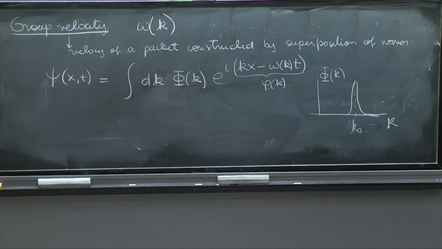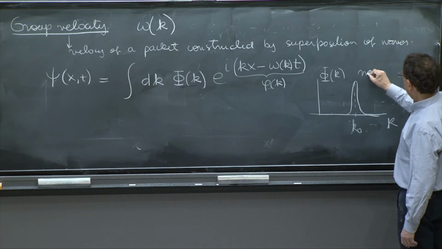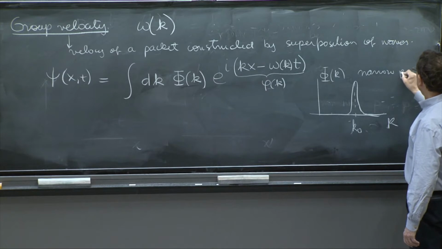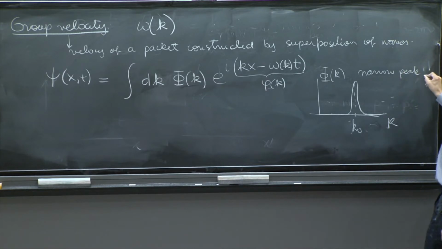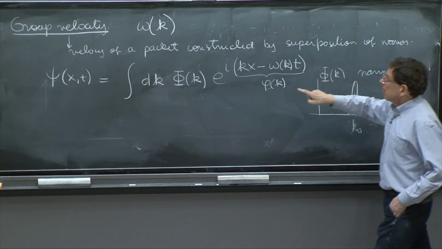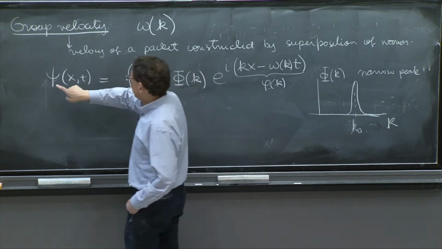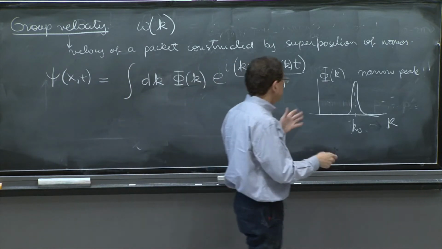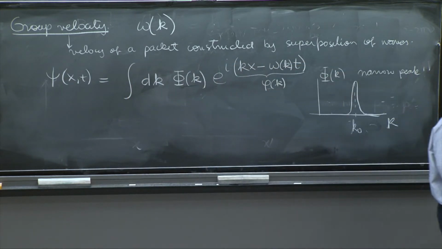Narrow peak. And that is our wave. Depending on how this phi of k looks, we'll get a different wave. And we're going to try to identify how this packet moves in time.